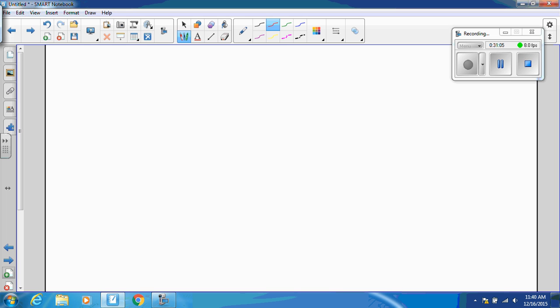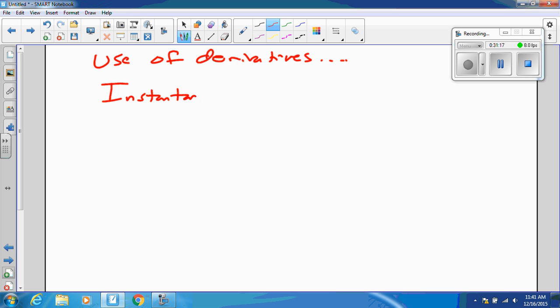Okay. The third use that we had for derivatives was to find instantaneous rates of change. And the key with this is a language game.